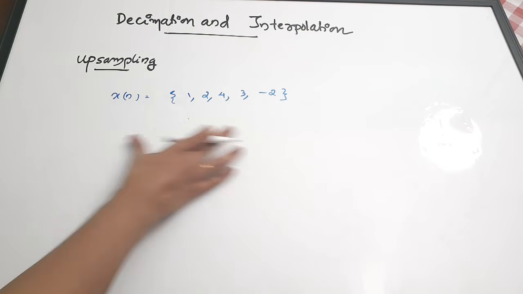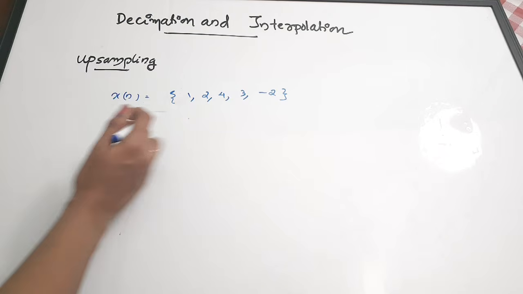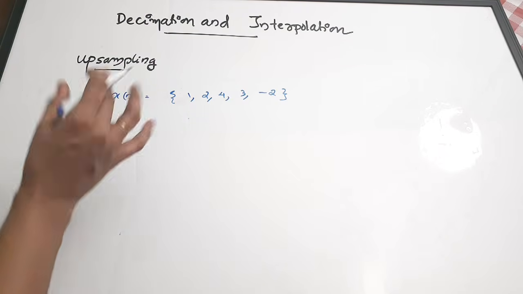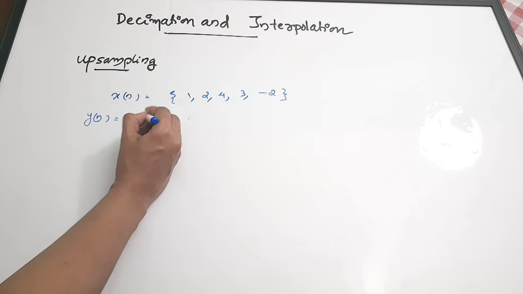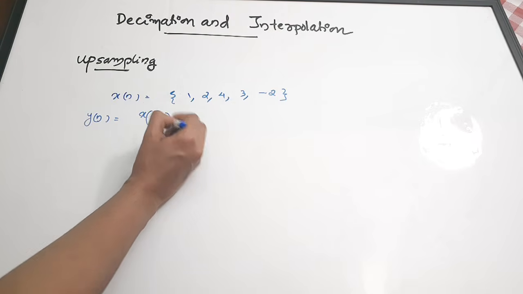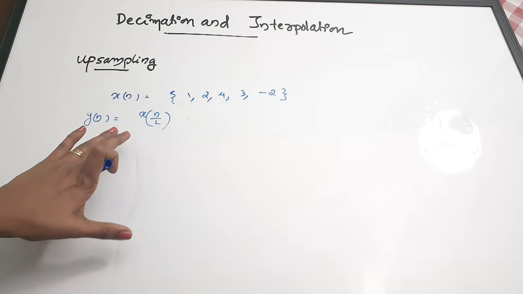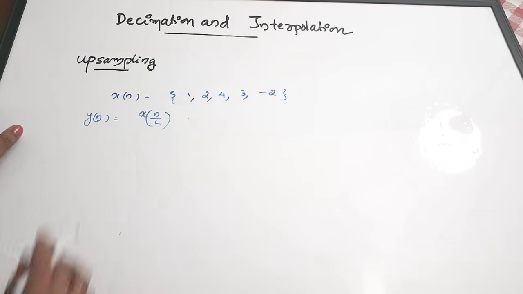So this is your input set. And you're going to upsample this x of n, and upsampling is represented as y of n equal to x of n by L, where L is the upsampling factor.